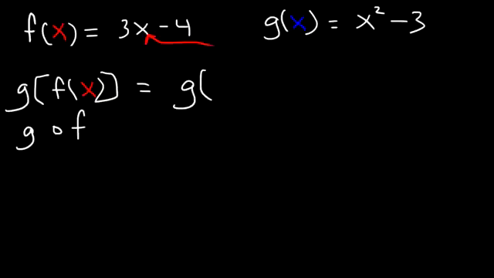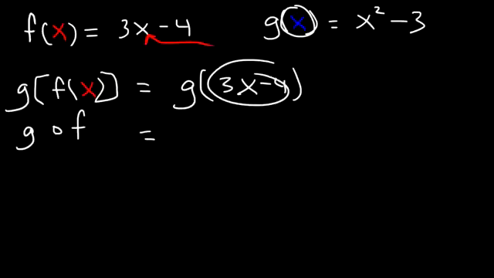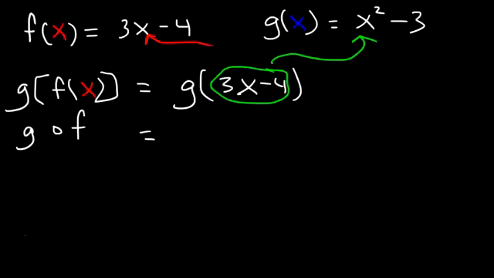Let's replace f of x with 3x minus 4. And now, let's replace x with 3x minus 4. So we're going to take this and plug it into here. So instead of x squared minus 3, it's 3x minus 4 squared minus 3.